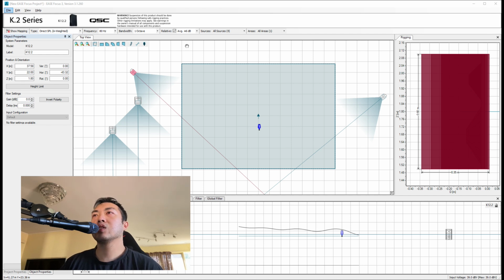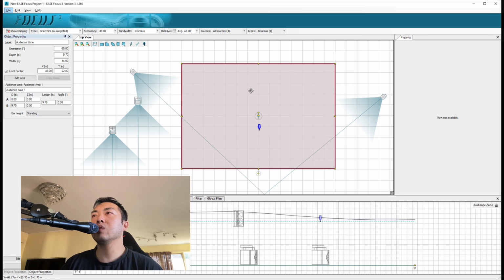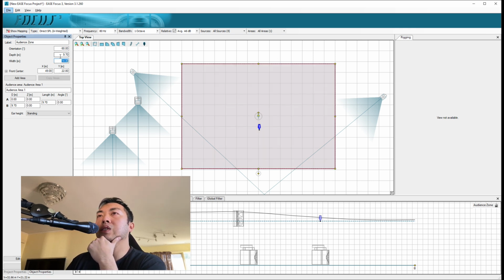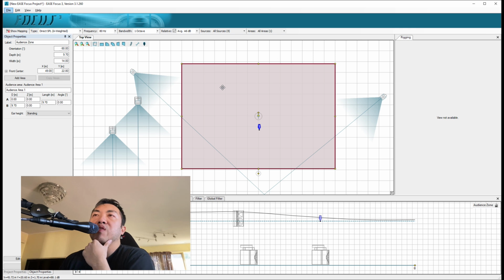Okay, so what we've got here is a rectangle. Now, this rectangle is about 14 meters by 9.7 meters, or in American, about 40 feet by 20 something feet.